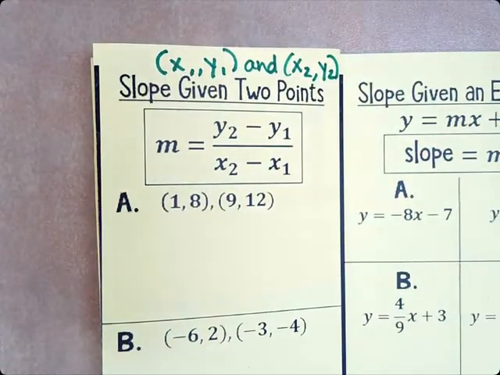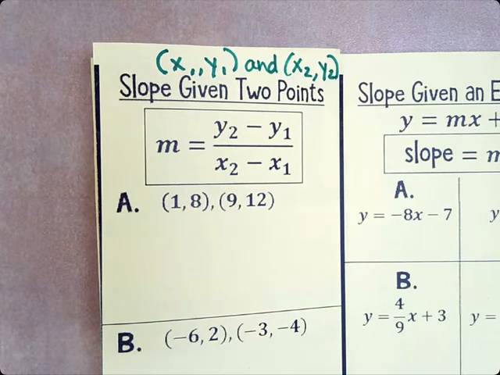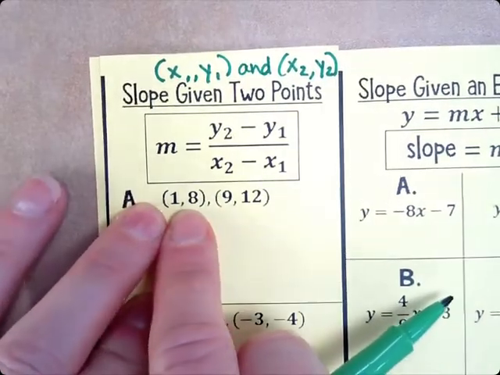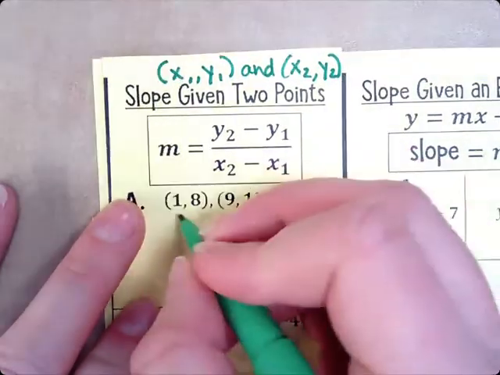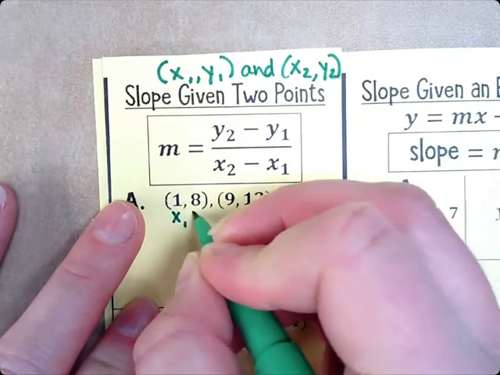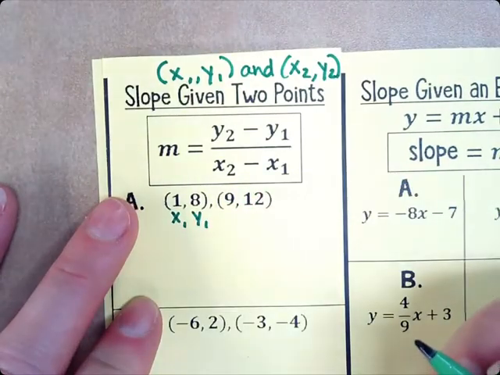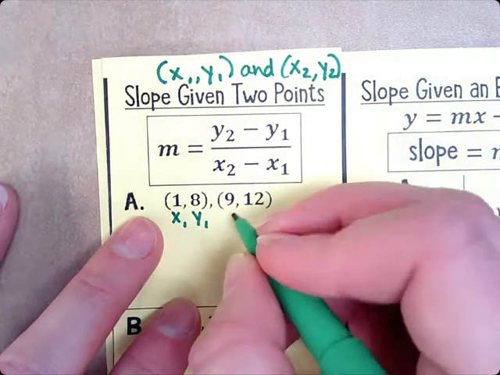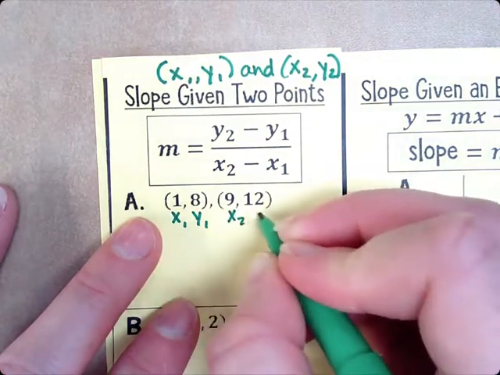So you're just given 2 points. You're asked to find the slope. So you need to label your points first and then do your formula. So this is my first point, (1, 8). So I'm going to label this X1, Y1. Because that is an X and a Y, and they're my first ones. Then the second one's going to be X2, Y2.